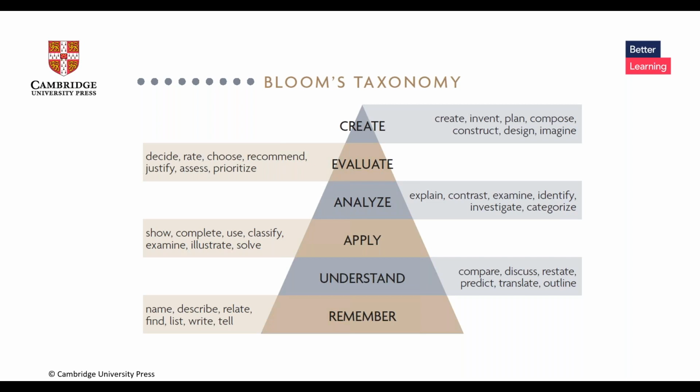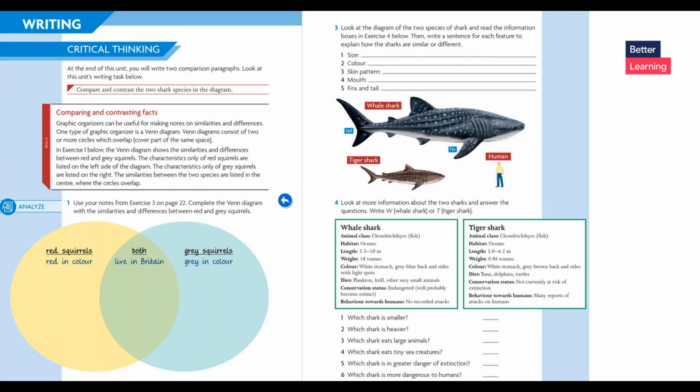And the way in which we use this within Unlock, so this is an example from Unlock, from reading and writing, we try to make it as clear as possible.